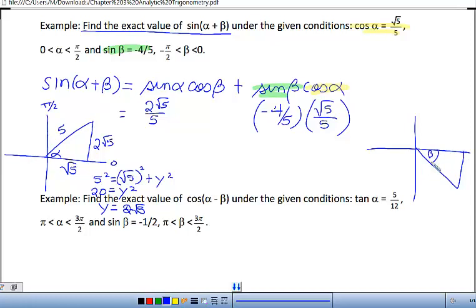We know that sine of beta is minus 4/5, so this is my opposite, negative 4 right here. Then here's our hypotenuse, and then we get the Pythagorean triple, 3, 4, 5. So cosine beta is going to be adjacent over hypotenuse, so 3/5.